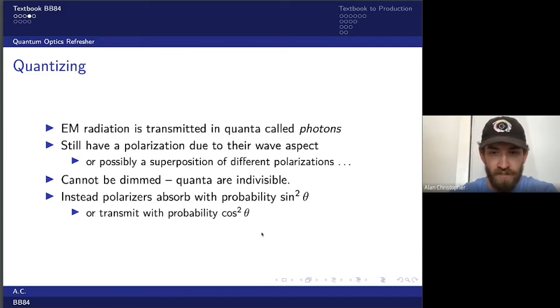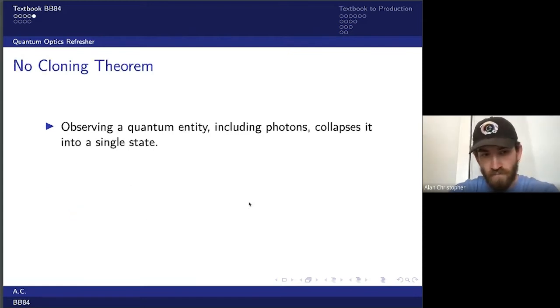God is going to roll some dice, and the dice he's going to roll are going to be loaded in accordance with the angle between the polarizer and the incoming photon's polarization. So this is exactly the same as Malus's law before, which said the intensity gets dimmed according to cos squared theta, only now the photon gets through with probability cos squared theta. And those of us that recall our trigonometric identities will remember that sine squared plus cosine squared is always 1. So our probabilities do sum to 1, and we're okay there.